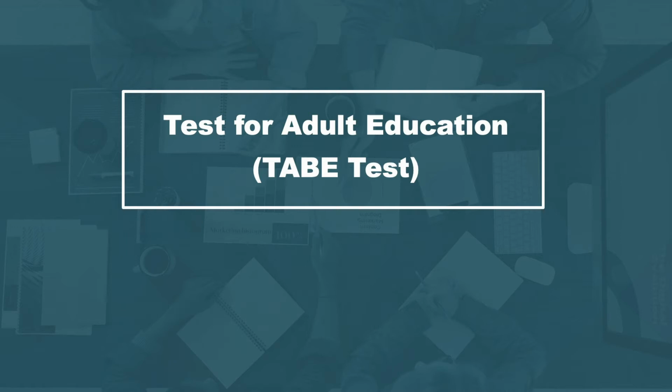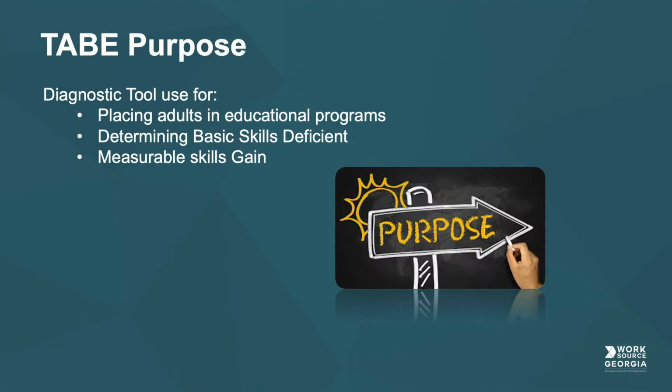The Test for Adult Basic Education, commonly known as the TABE test, is a diagnostic tool used for several reasons. Many companies use it in hiring, promotions, or for selecting employees for training programs for skilled positions.